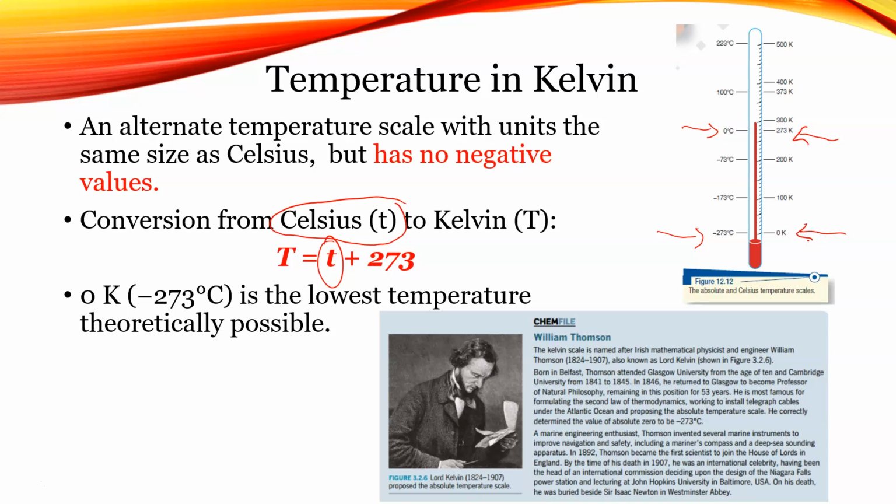Notice there's no degrees for Kelvin. It's degrees Celsius, but it's just Kelvin. 0 Kelvin is theorized as the lowest possible temperature that can be reached, and in theory, at that temperature, everything is solid and all motion of particles has stopped.